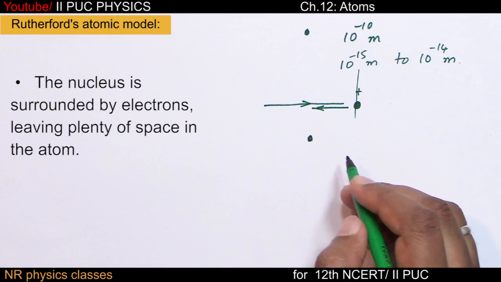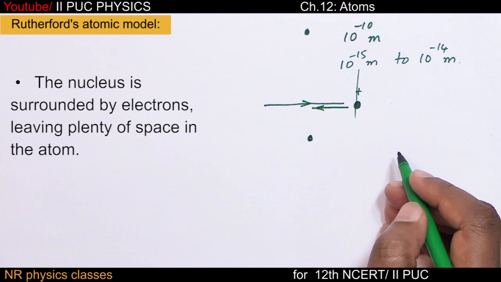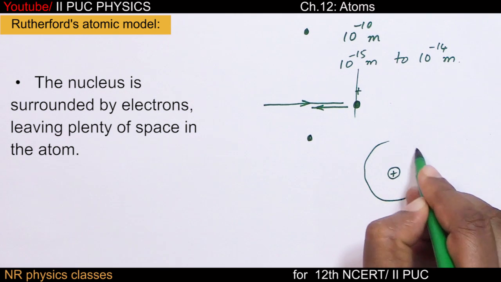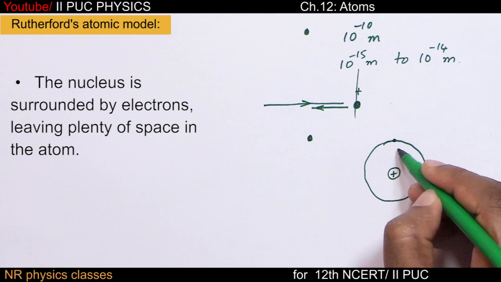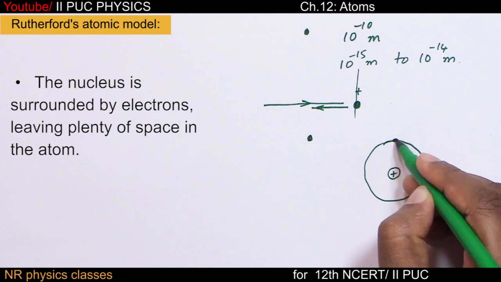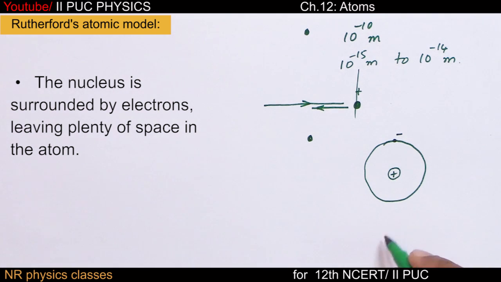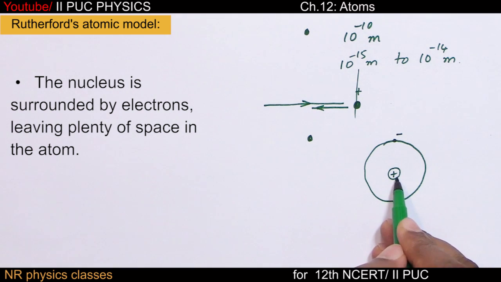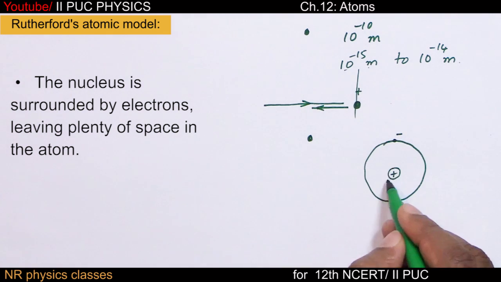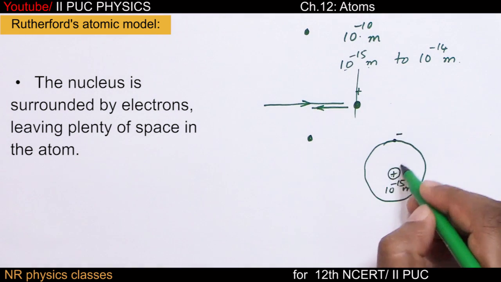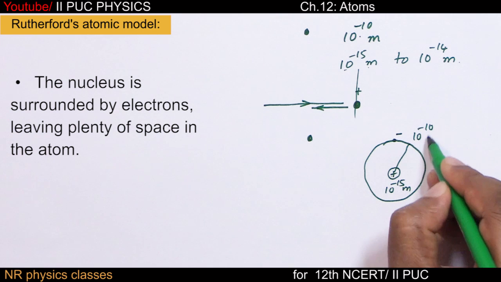Next, the nucleus is surrounded by electrons, leaving plenty of space in the atom. If this is the positively charged nucleus and this is the electron, there should be plenty of space between the positively charged nucleus and the negatively charged electron. Actually, when we draw this type of diagram, it is wrong according to scale, because the size of the nucleus is about 10 power minus 15 meter and the size of the atom is about 10 power minus 10 meter.